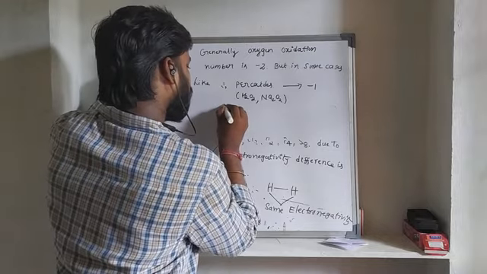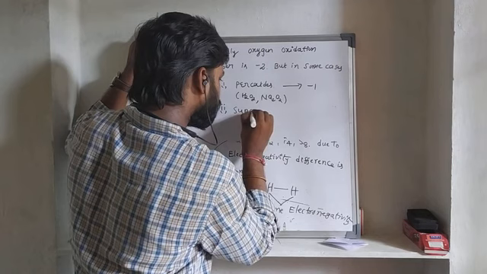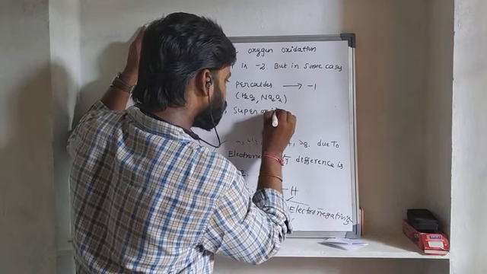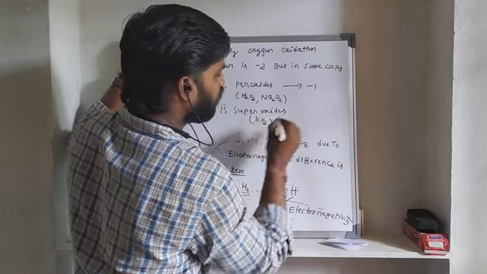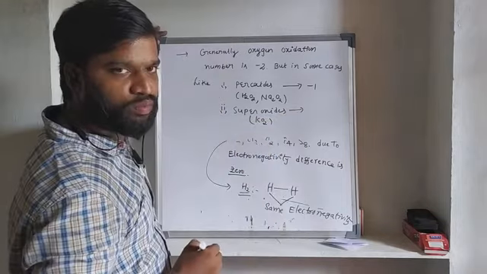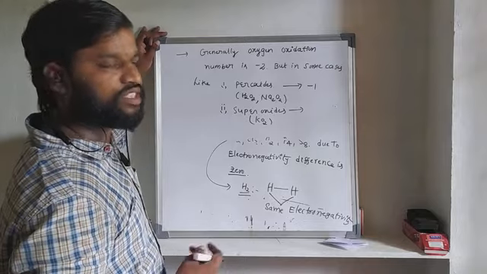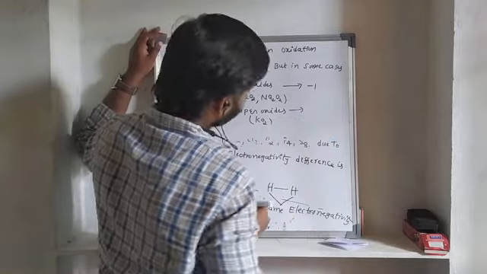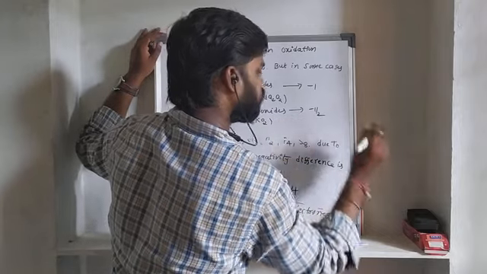And the second point, superoxides like KO2. In KO2 or in superoxide molecules, the oxidation number of oxygen is -1/2.